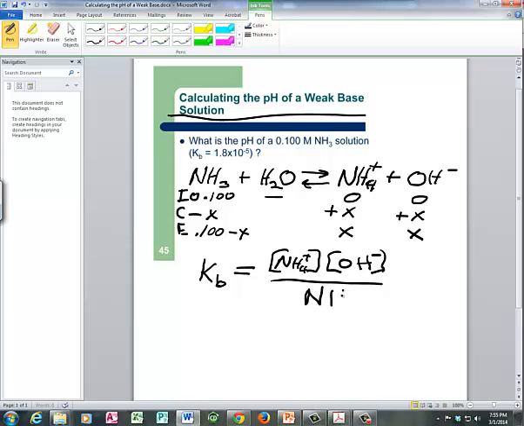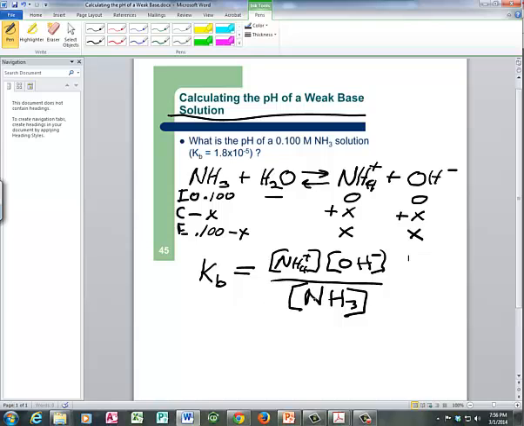Why don't we put water in the denominator of our equilibrium constant expression? Because we never put pure liquids in the equilibrium constant expression, because they don't change in concentration. Only components that can change in concentration go in the expression, and that's either aqueous solutions or gas phase components.